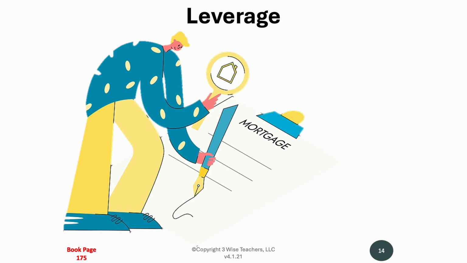And then the concept of leverage. When I think of leverage, I think of using other people's money. Now, this is one of the neat things about real estate. If I need to buy a property for $500,000, I don't have to come up with all $500,000. Normally, I come up with a percentage of that, maybe 10% down, 20% down, maybe 25% if it's an investment property.